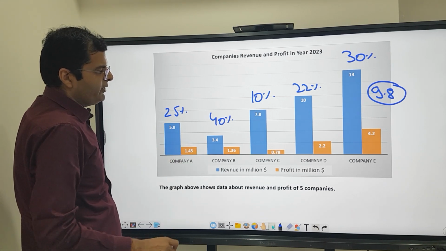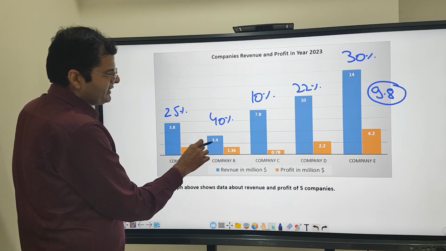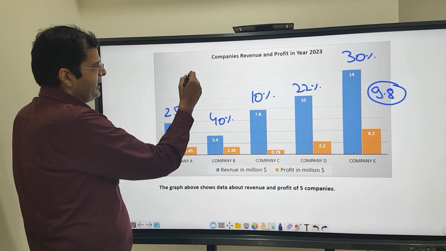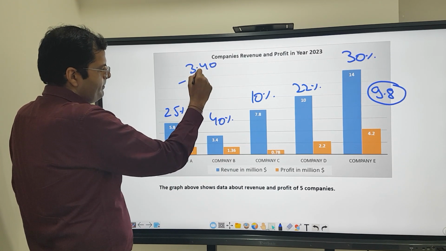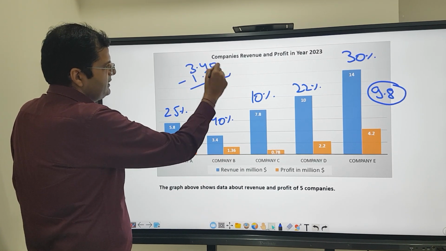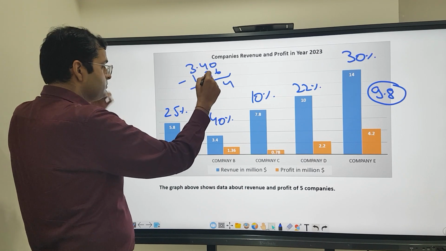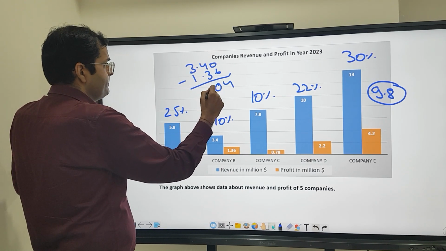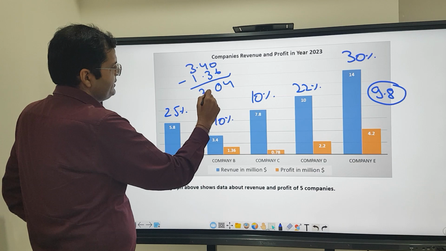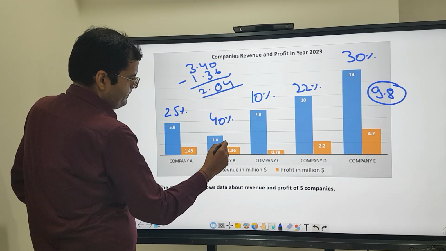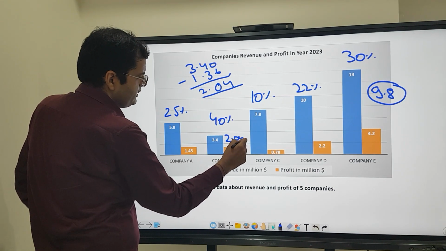So that will be 3.40 minus 1.36, which is 2.04. This expense over here is 2.04.